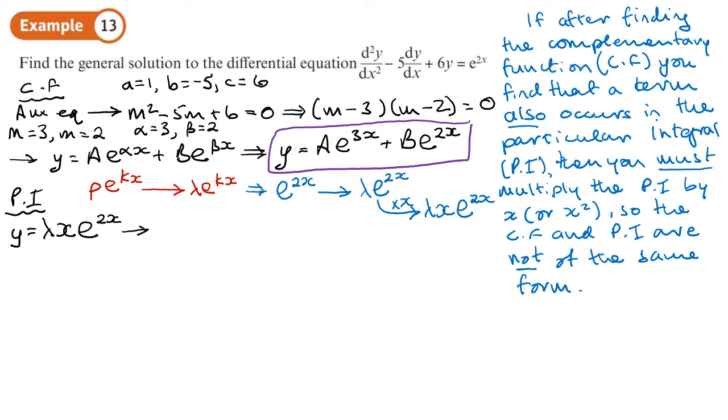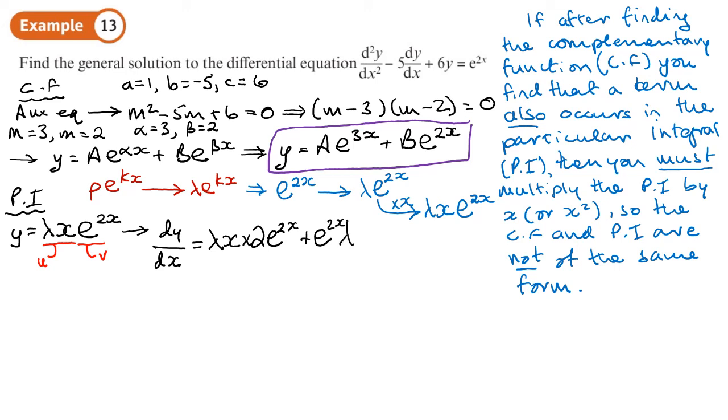Right, now we work out dy dx. And to do this, we're going to have to use the chain rule. Sorry, not the chain rule, product rule. So if I call this bit u and this bit v, then I will have u times by v dash, which would be 2e to the 2x, plus v times by u dash, which would just be lambda.